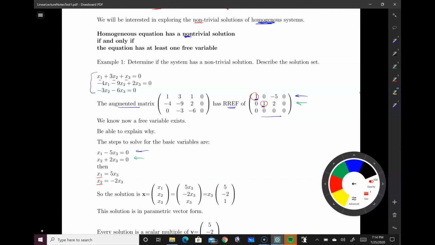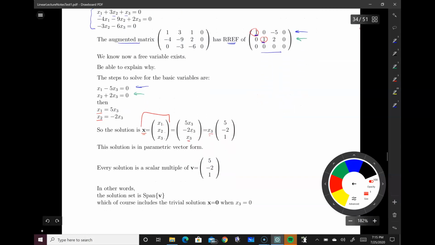First off, this is a really big deal: write out what your x is equal to. In this case, x is in R3, so there are three terms in it. x1 is equal to 5x3, x2 is equal to negative 2x3, and x3 is itself. Now we factor the x3 out, and I have the parametric form of the solution.